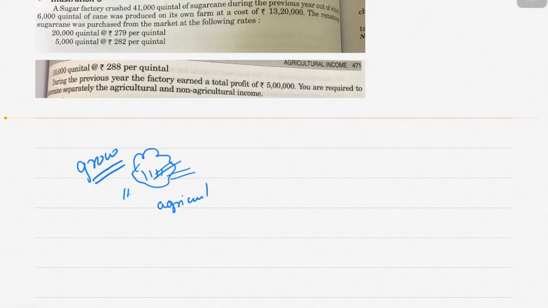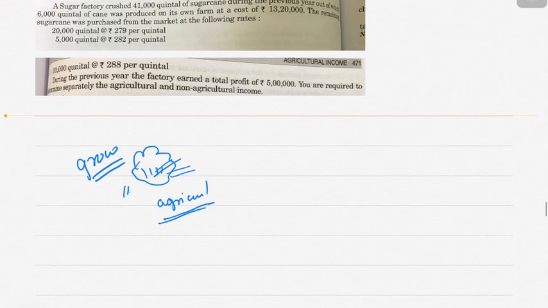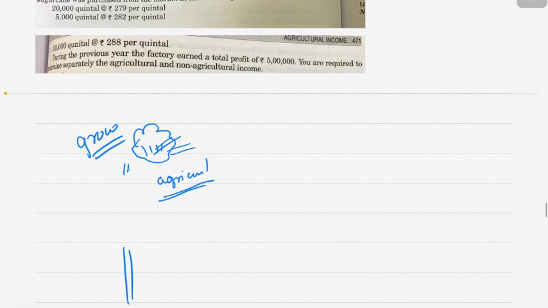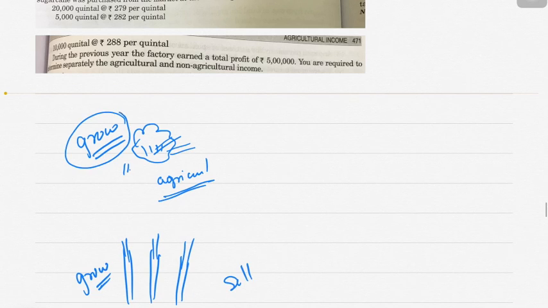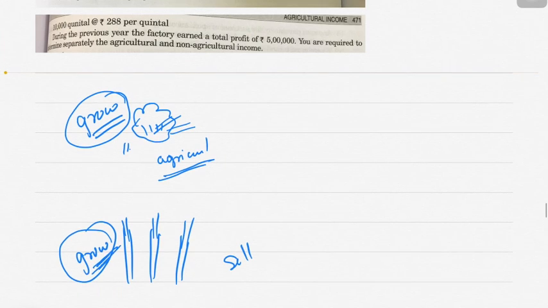When I'm cultivating any agricultural produce and selling it, it becomes an agricultural income. Similarly, in the case of sugarcane, when I grow sugarcane myself and sell it, the income earned becomes an agricultural income because I am cultivating it.